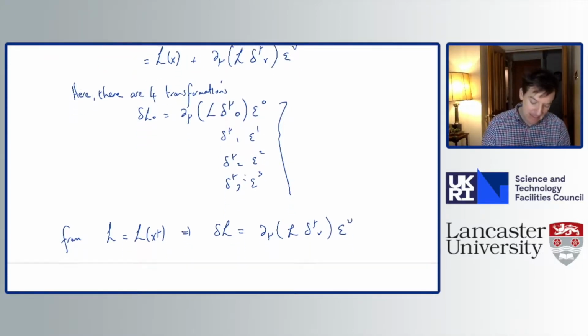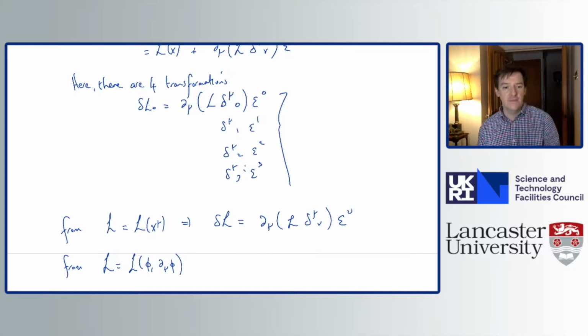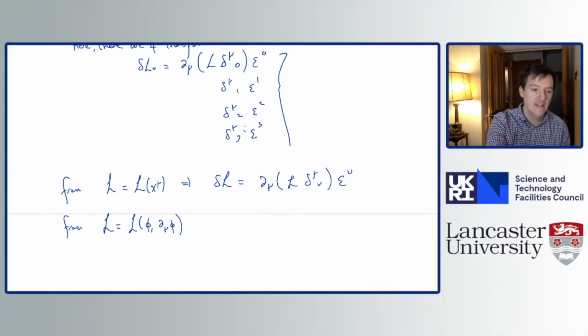But we know that the Lagrange density is also a function of the fields and the derivatives of the fields, so from this second form, we can get another expression for delta L. The idea here is to get an expression for delta L only in terms of the fields and the derivatives of the fields, and then we can set it equal to this expression above. So let's go ahead and do that.